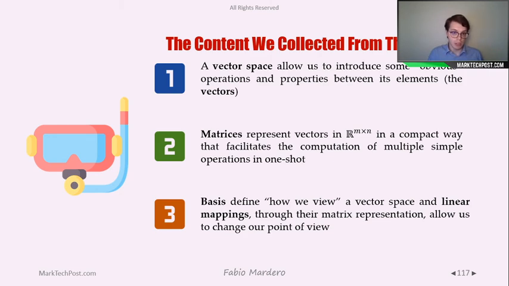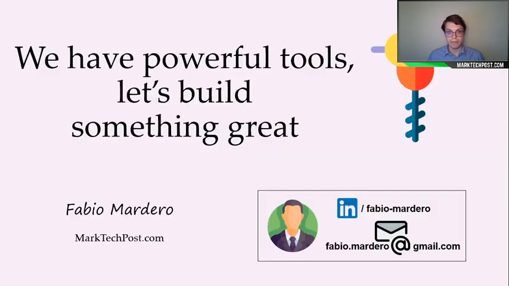Bases are the skeleton of a vector space and the coordinate system, so how we perceive the vector space. With linear mappings, we can change this perspective. Again, using matrices is always much simpler.